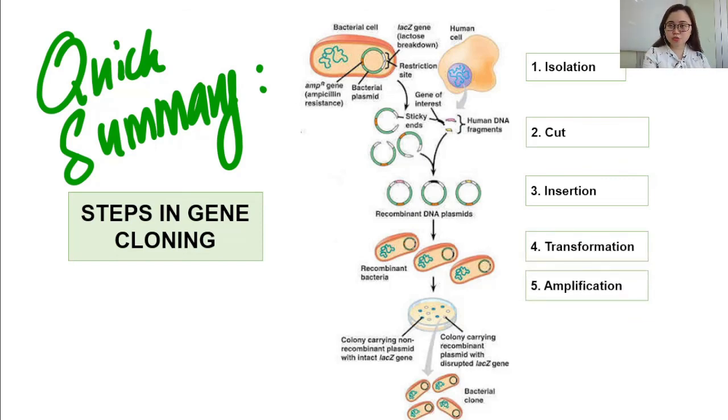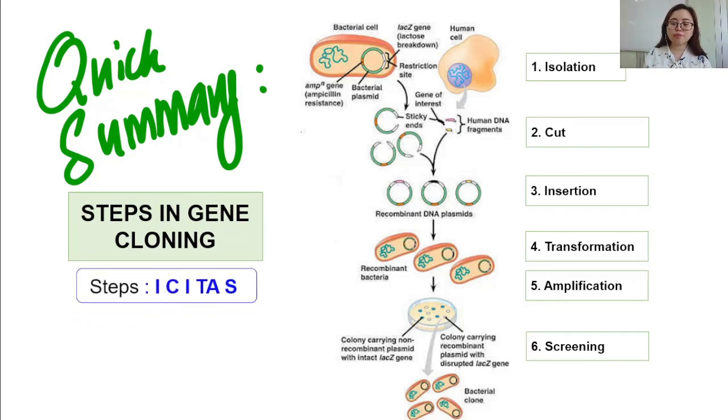Followed by transformation, where host cell is transformed by the recombinant DNA. Amplification, where the recombinant DNA together with the plasmid is amplified. And last but not least, screening. In this case, we learn about blue-white screening in order to choose the successful host cell.